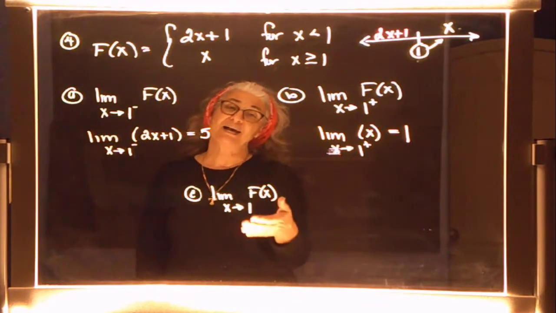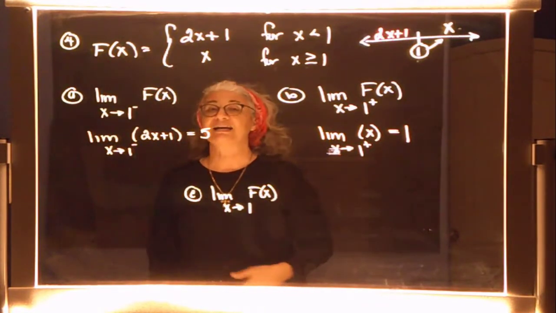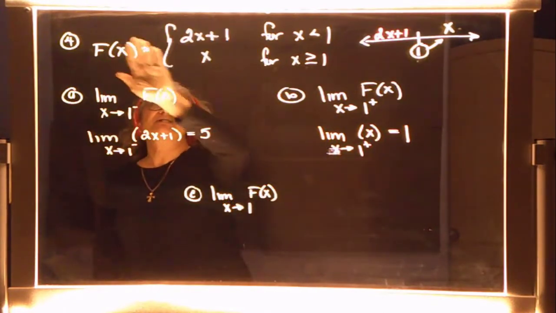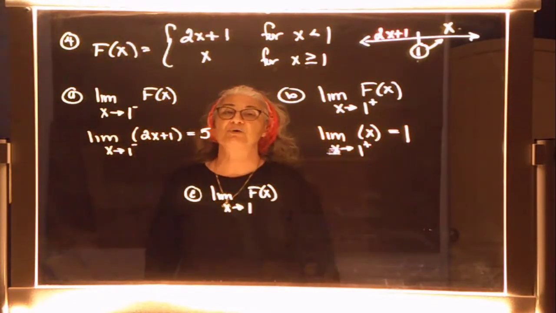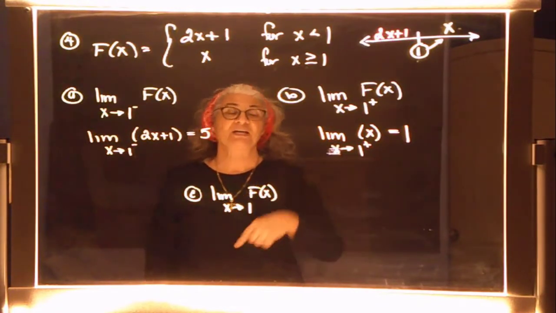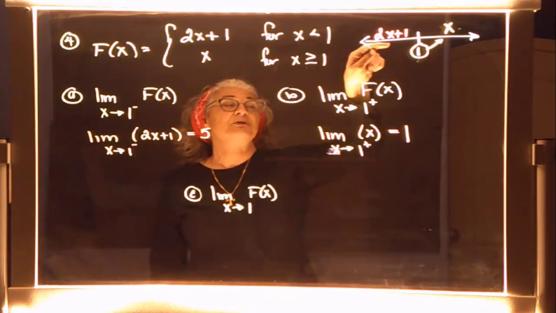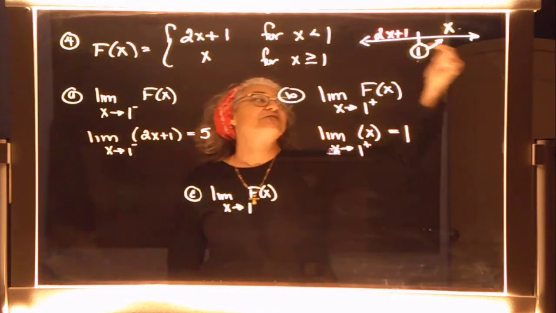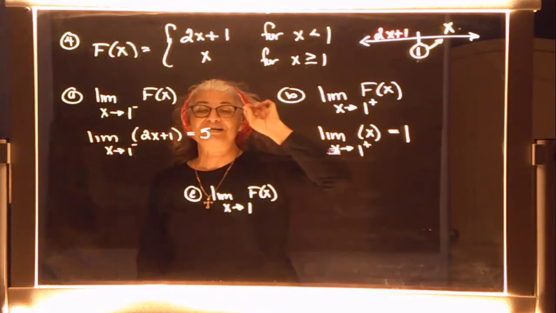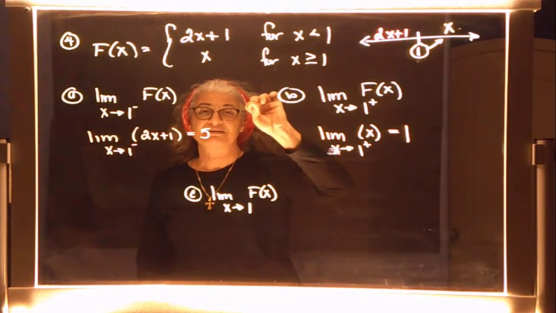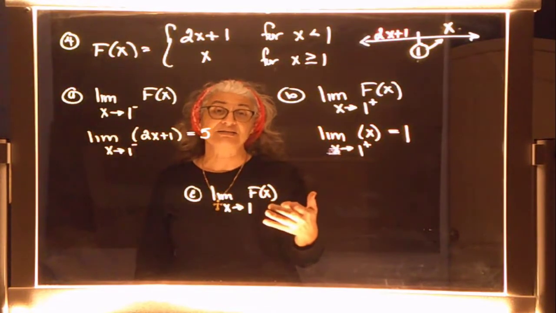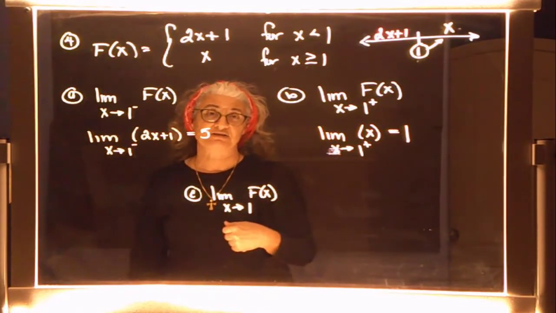Okay, and now part C says, what's the limit of this function as x approaches 1? Remember the theorem we just looked at? If x approaching 1 from the left and x approaching 1 from the right have the exact same limit, then the limit exists, and that limit would answer this question.